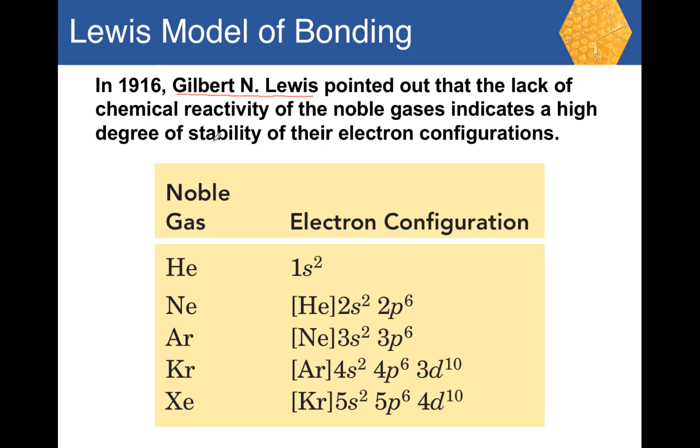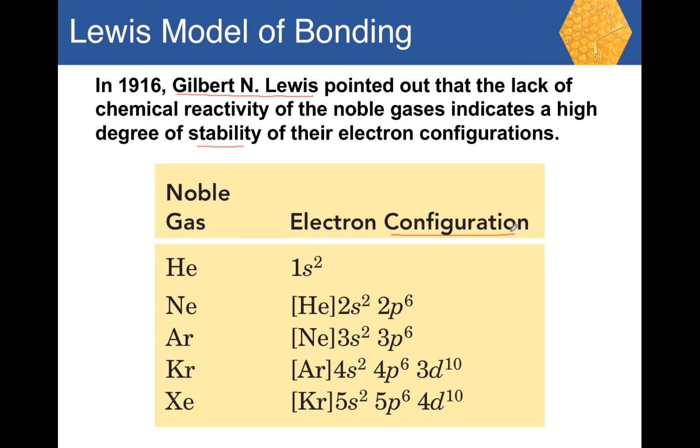What Lewis discovered is that the noble gases, so you'll have to find that on your periodic table, which is in group 8 to the extreme right, are extremely stable. In other words, they do not react with other atoms on the periodic table. Extremely stable. He looked at the electronic configuration.